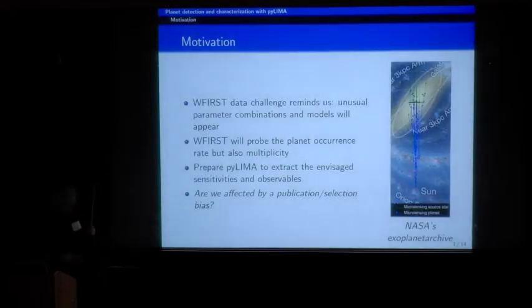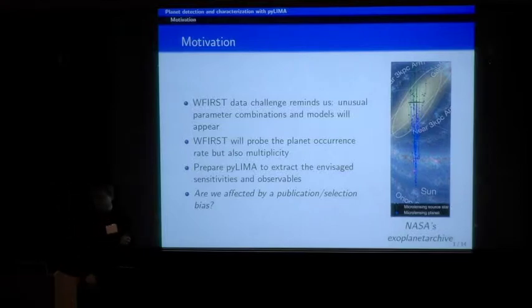So the basic motivation is that W1st and the data challenge remind us how unusual parameter combinations and models will clearly appear in the data set, and we had better get ready to figure them out.